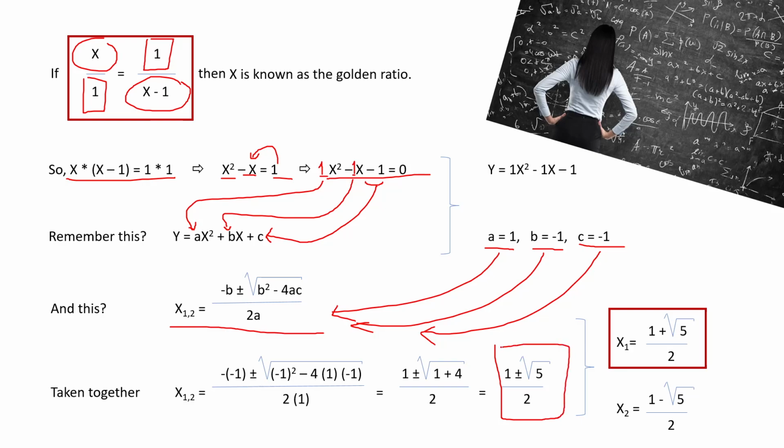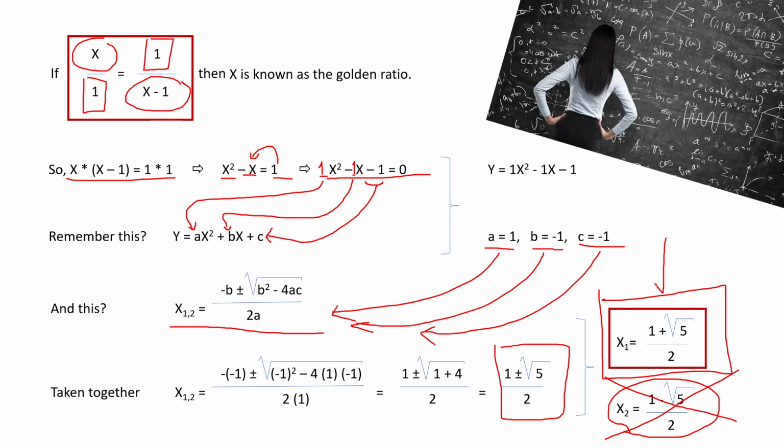So x is either 1 plus the square root of 5 over 2, or x is 1 minus the square root of 5 over 2. This one becomes a weird negative number, and I'm not sure what negative ratios mean, so we won't be looking at that one. But this is your golden ratio. That's the one this whole session is about. So why is that so special?